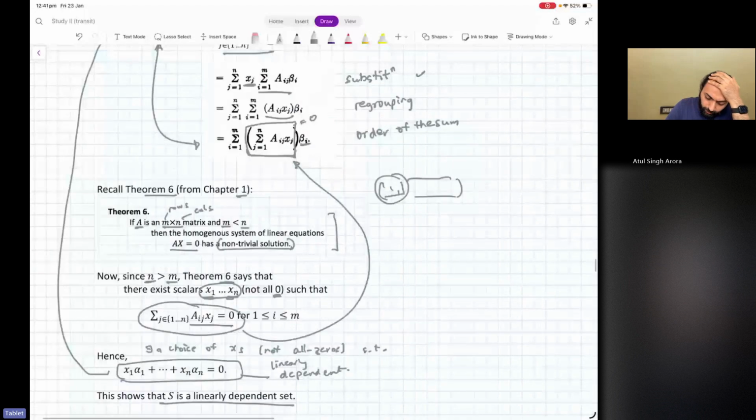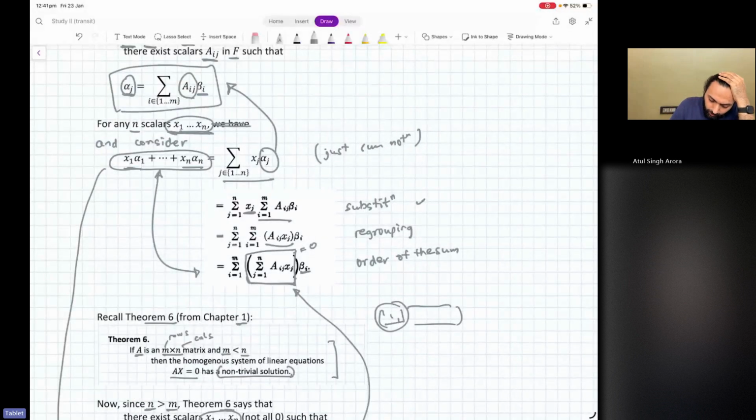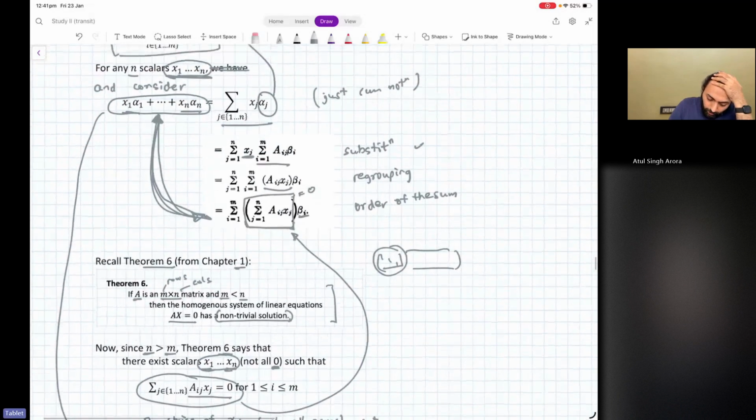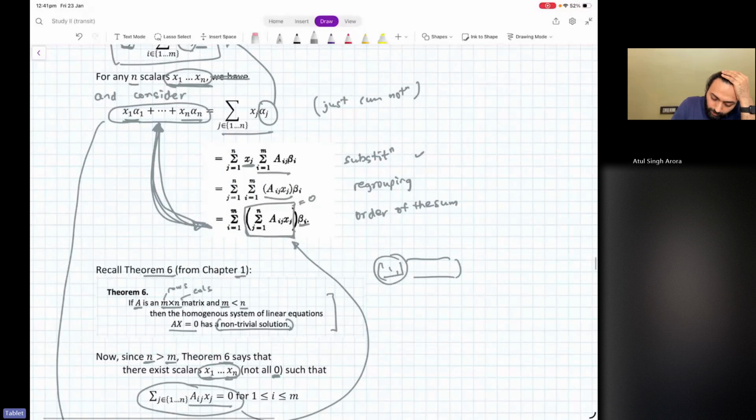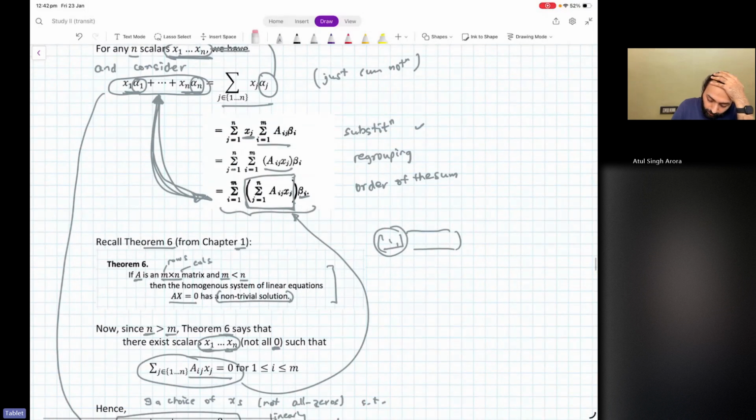For sure. Okay. So until this step, this equality we were fine, right? Is that okay? This step over here. Okay. So we know that we are taking an arbitrary linear combination of alphas, right? And we know that we can write this in the following form, correct?